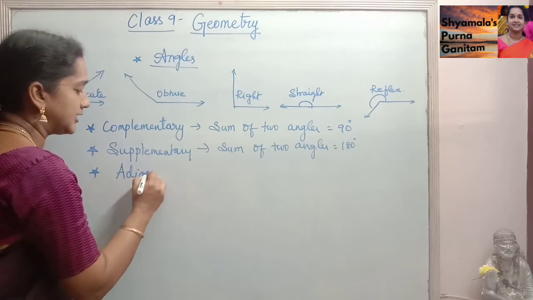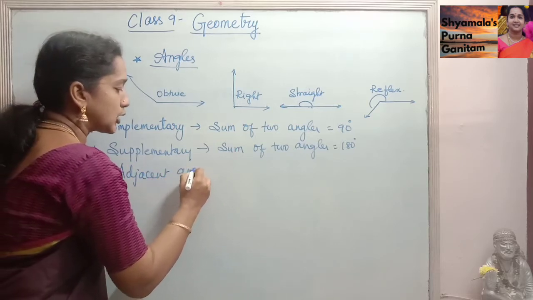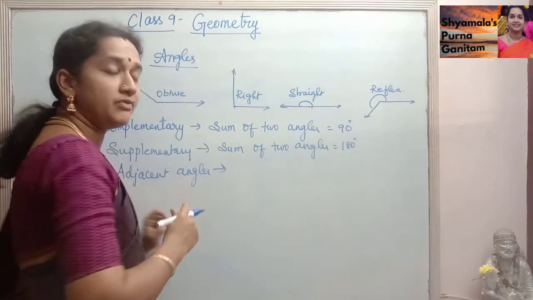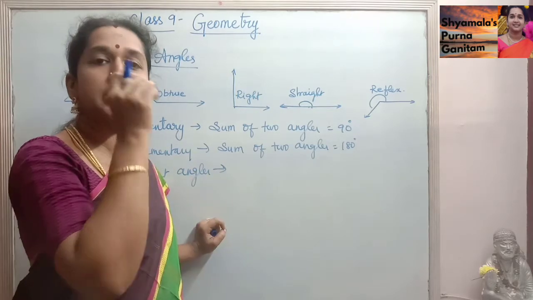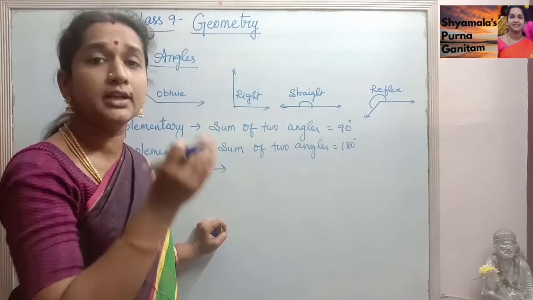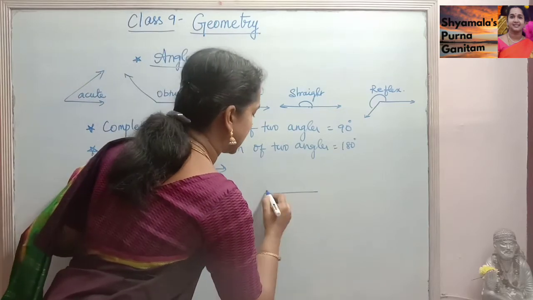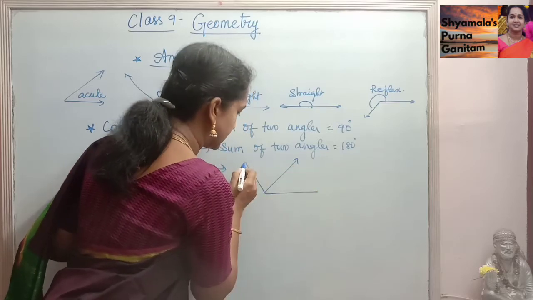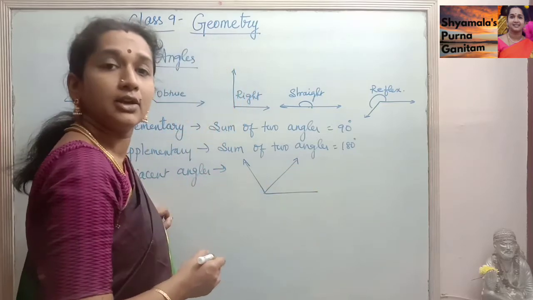Then adjacent angles. Adjacent angles means two angles with a common vertex and a common ray.